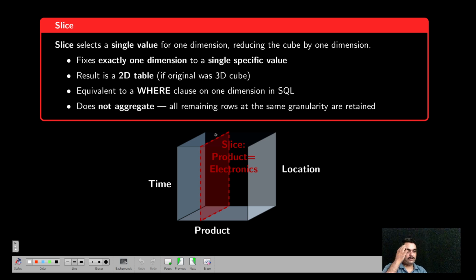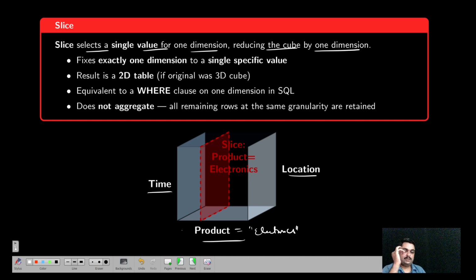Then slice. Slice is just like adding a where condition in your SQL. The slice selects a single value for one dimension, reducing the cube by one entire dimension. For example, time, product and location are the three dimensions of the three-dimensional cube. They are saying set product equal to electronics. You select only those values where the product is electronics.